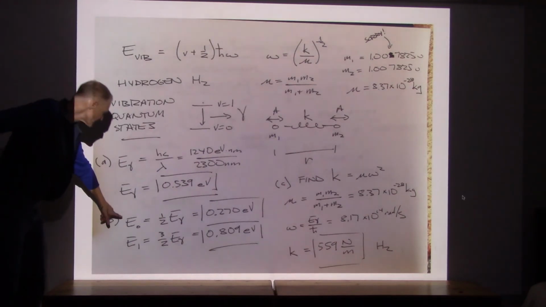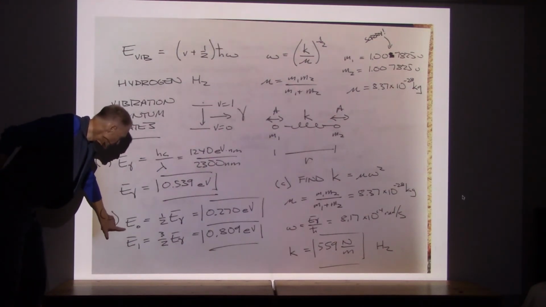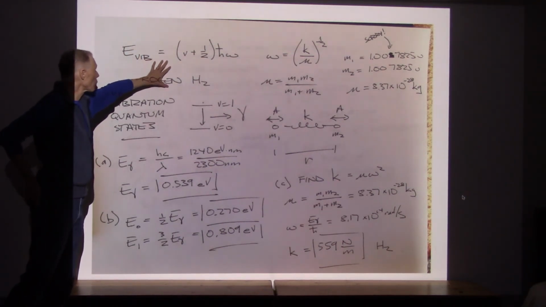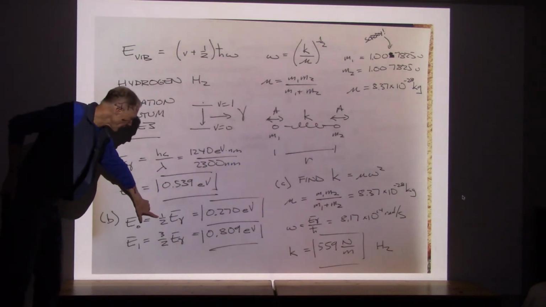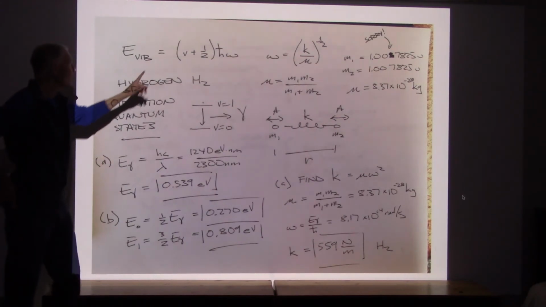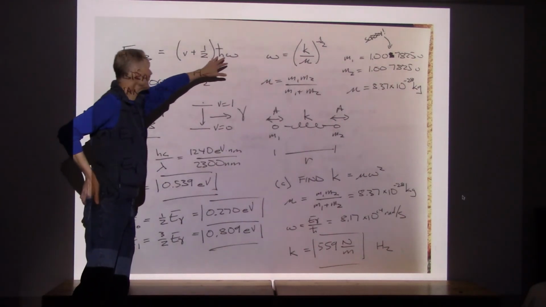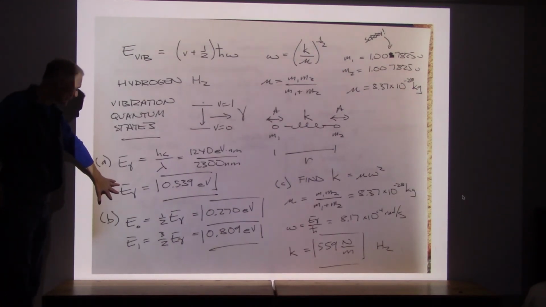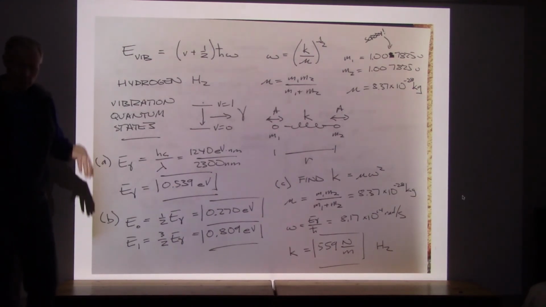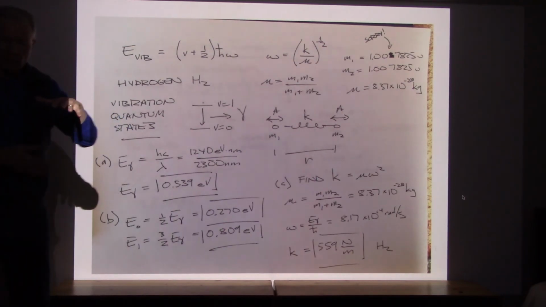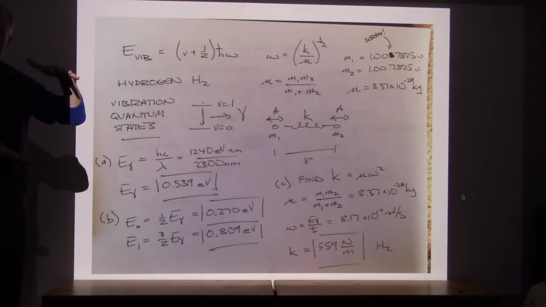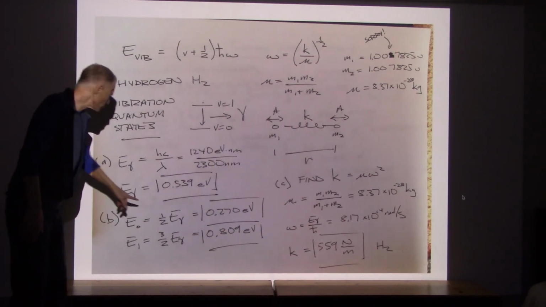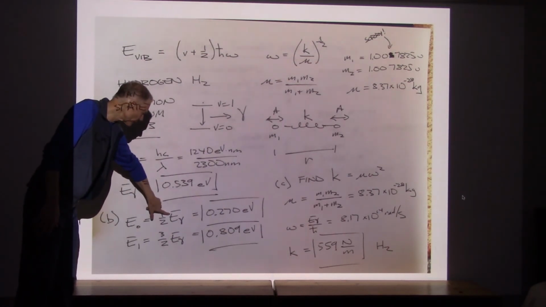Now, we're specifically looking at the 0 to 1 transition, and coming back to this formula tells us that the ground state is at 1/2 h bar omega. Well, h bar omega turns out to be the same amount of energy, the delta E, the energy difference between the two quantum states. And so what we can do is substitute in the energy of the photon right here.